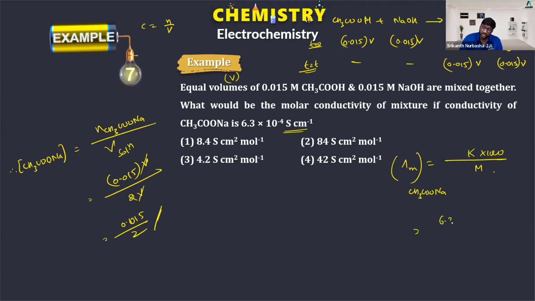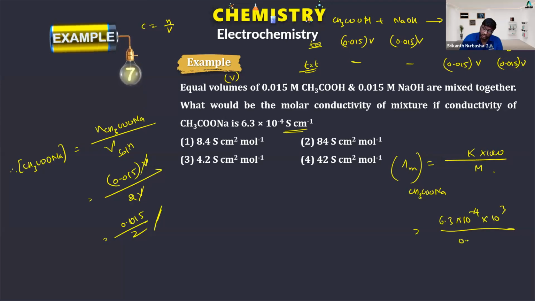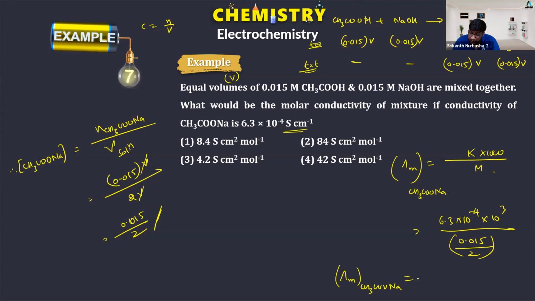Conductivity is 6.3 into 10 power minus 4, into 10 power 3, divided by the concentration 0.015 divided by 2. Solve it, you will get the answer. How much is the answer? 8.4, Faizan is saying. Others also check it once. 8.4 or 84, Faizan?